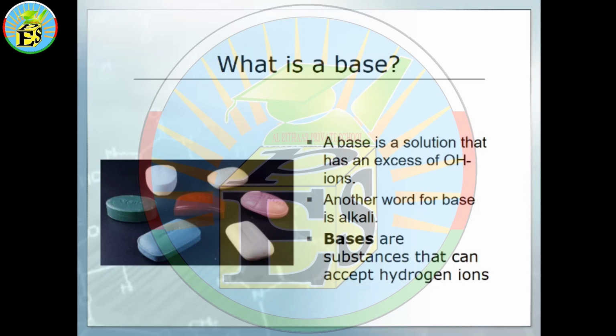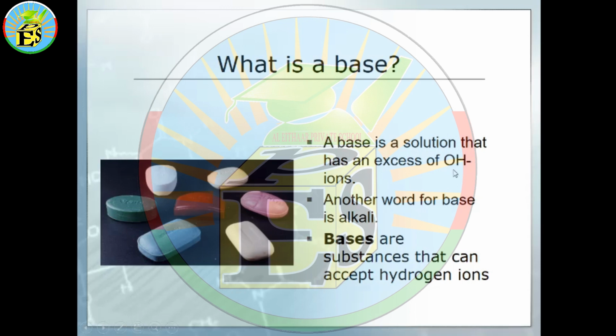We discussed in acids that if there is a maximum number of H positive ions in any substance, that substance would be an acid. Besides that, if you look at the definition of a base or alkali, a base is a solution that has an excess of OH negative ions. I will repeat that. If any substance has a maximum of OH negative ions, that substance would be a base.